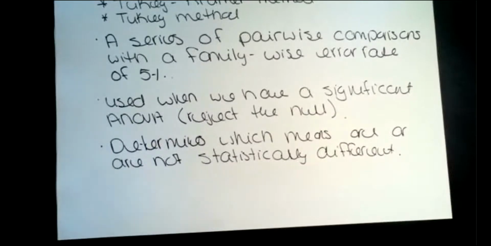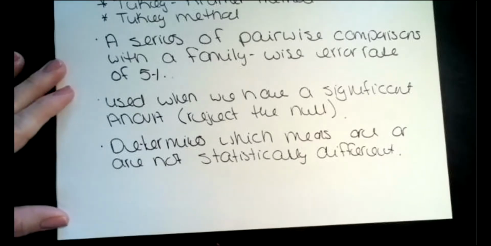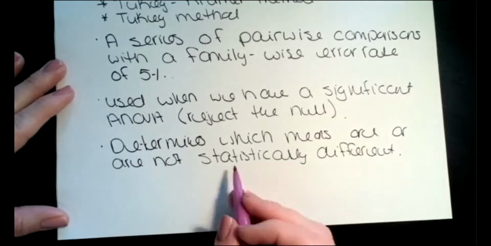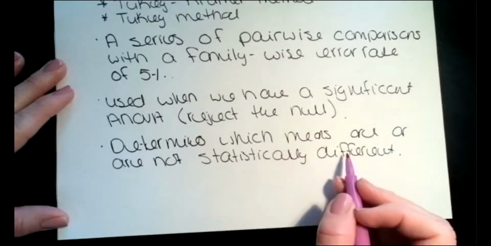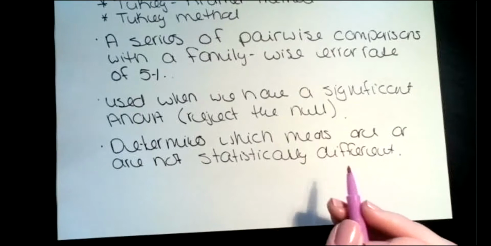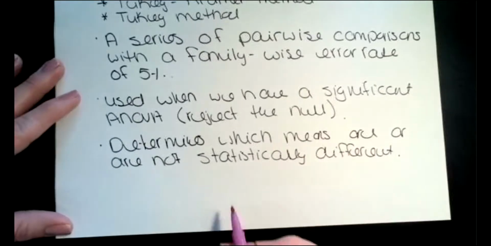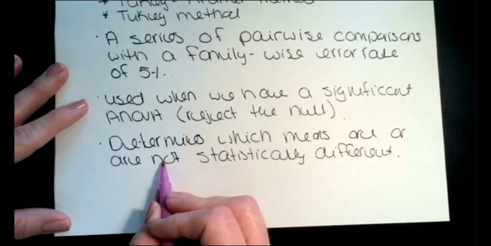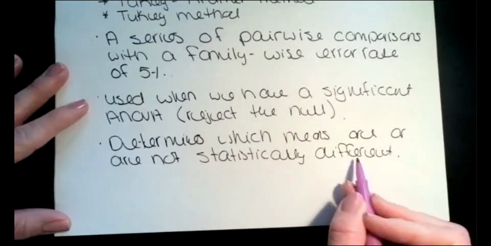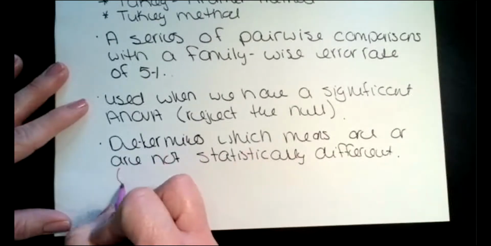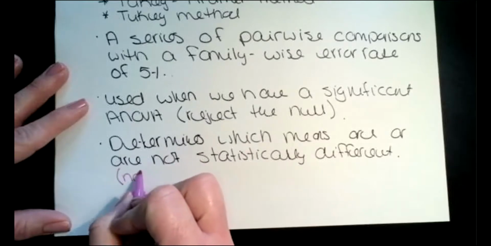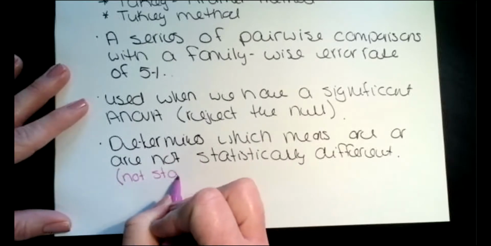So I just want to make a note because sometimes this wording is like a double negative. We're looking if something is statistically different, right? Meaning that the two means are different. Something has changed from all the others. Something is not the same. But if you look at not statistically different, I'm going to write this here.